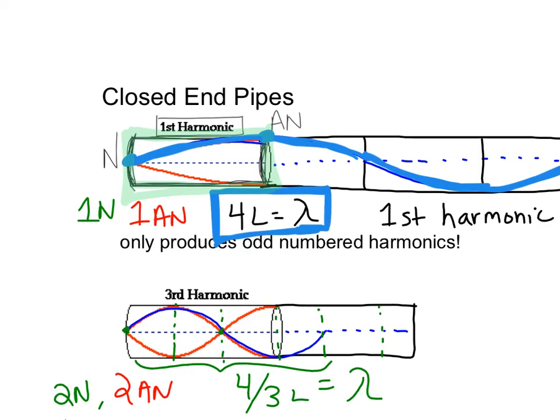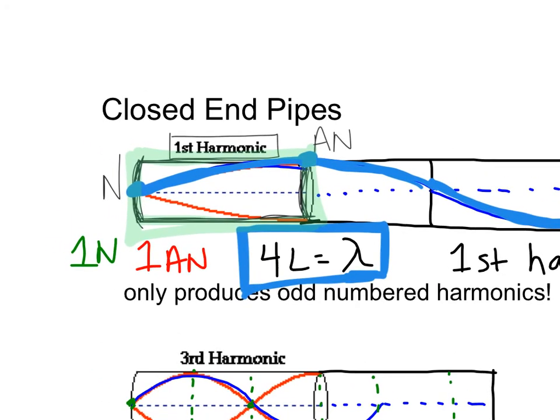Now, if I want to think about the characteristics of this, counting the nodes and antinodes in the structure, I have one node at the left end, and I've got one antinode at the right end. And that's it. Now, if I want to think about what the next possible wave is that I could put into this system, I'm going to need to do some more drawing.